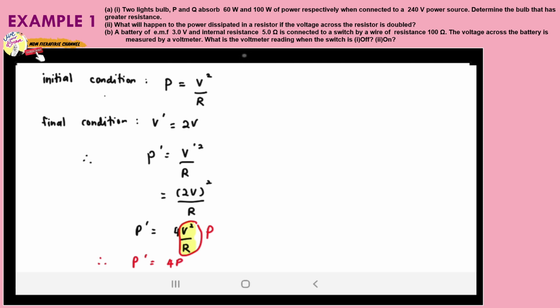So P prime is increased by a factor of 4.